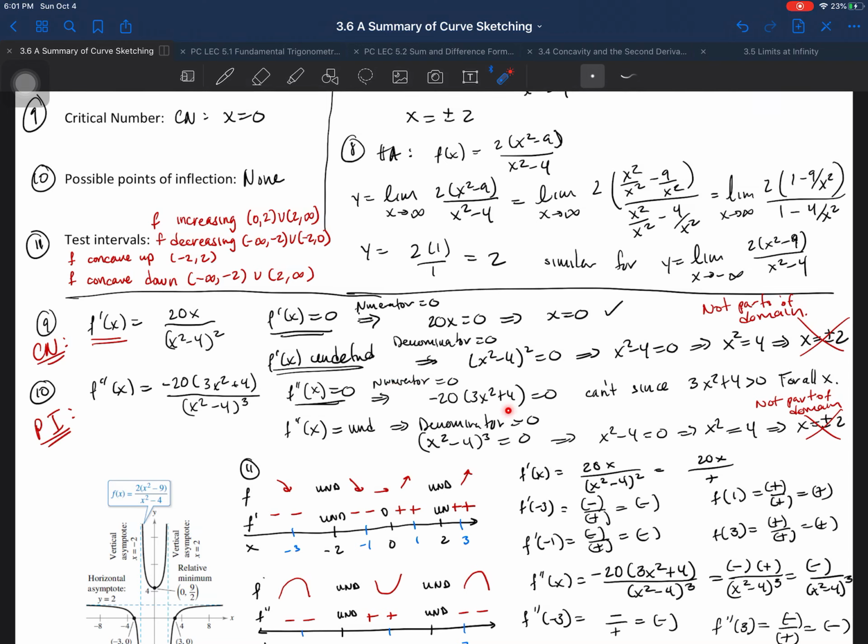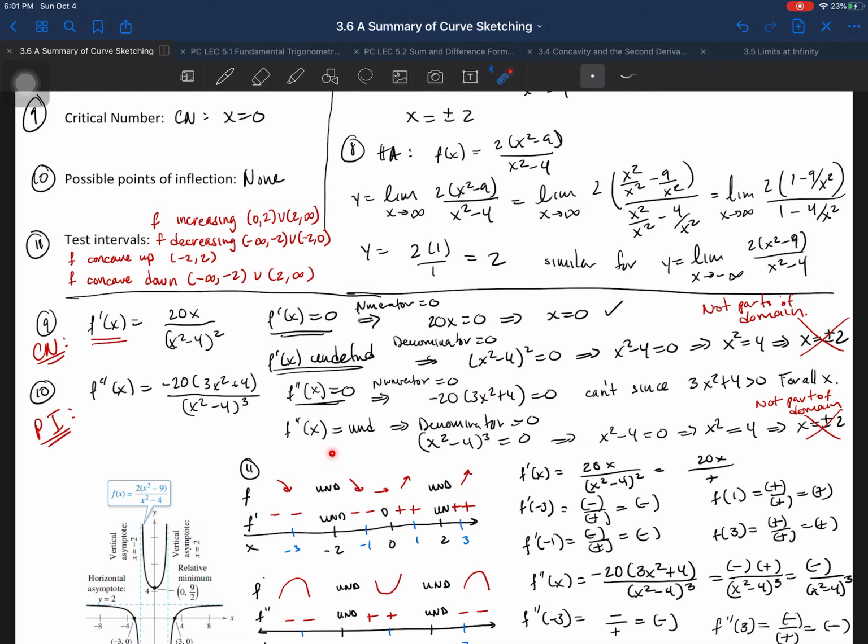We set the numerator equal to 0, and this cannot happen because this is always going to be positive: x squared is always positive, multiplied by a positive is positive, and positive plus positive is always positive. So a positive number times a negative will never be 0. So this is never going to be equal to 0.